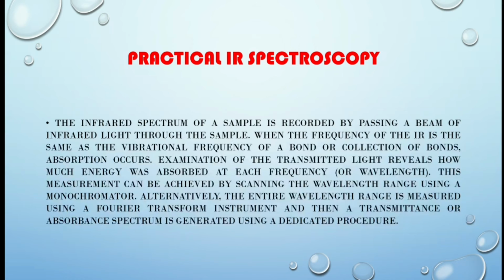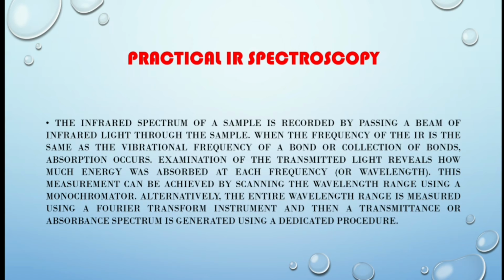Now, talking about practical IR spectroscopy, the infrared spectrum of a sample is recorded by passing a beam of infrared light through the sample. When the frequency of the IR is the same as the vibrational frequency of a bond or collection of bonds, absorption occurs. Examination of the transmitted light reveals how much energy was absorbed at each frequency or wavelength.